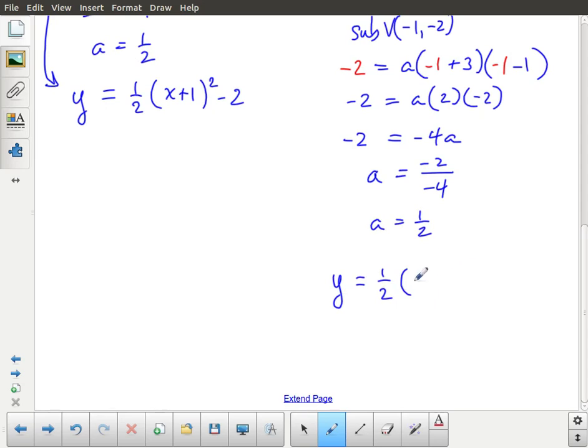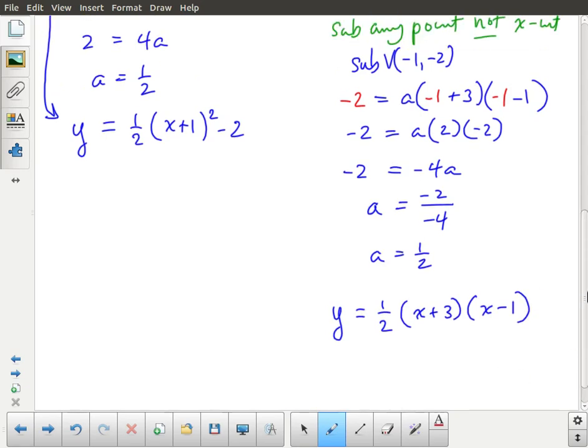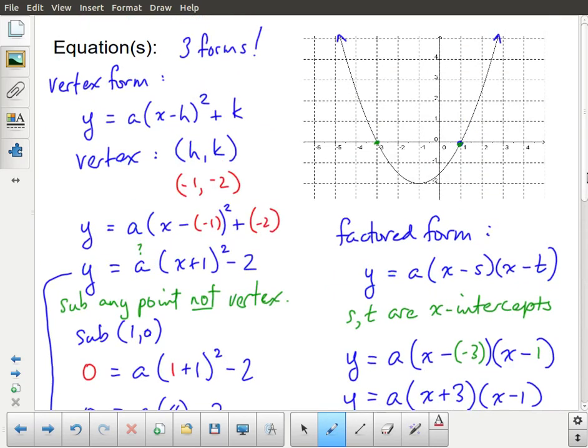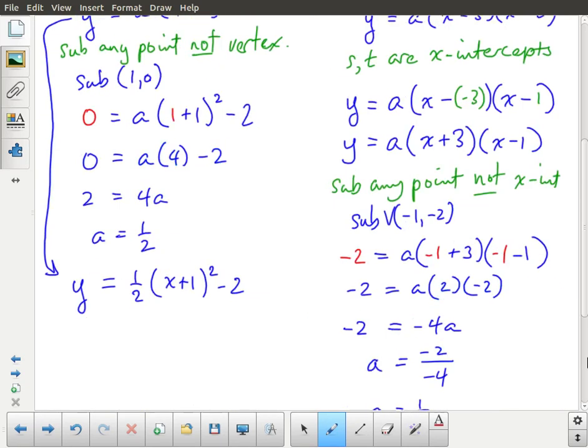So this is going to be a(x plus 3)(x minus 1). So that was, from this graph, I was able to come up with vertex form and factored form quite readily.